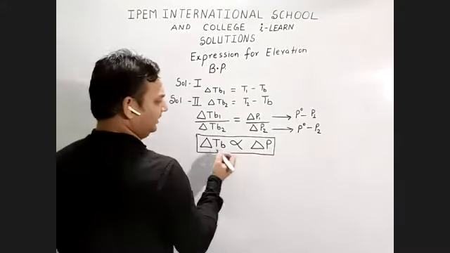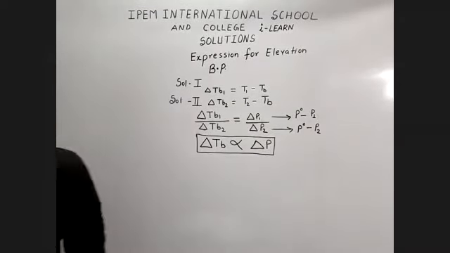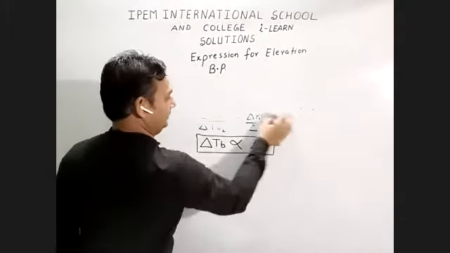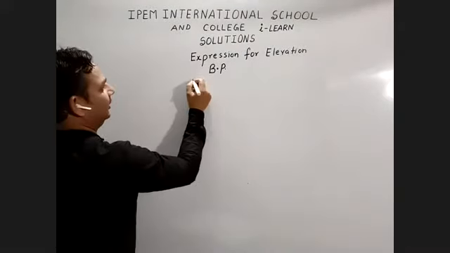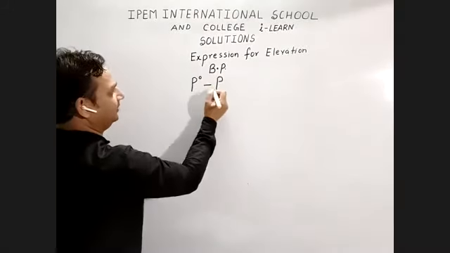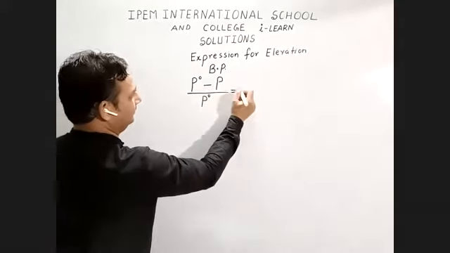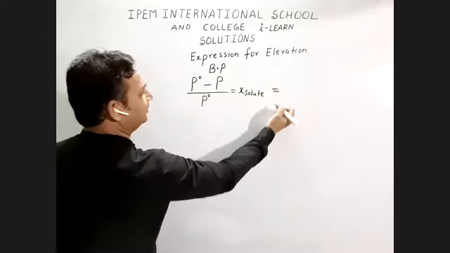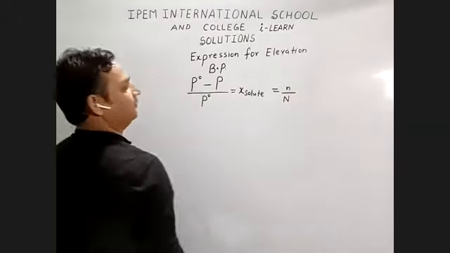Remember this equation: delta TB is directly proportional to delta P. Now, according to Raoult's law, we have used this equation for so many numericals, P naught minus P upon P naught can be equal to the number of moles of solute upon the number of moles of solvent.